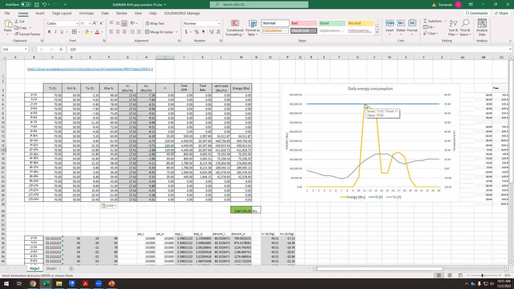But anyway, this is the highest value, and this is because I have two peaks. This happens at 11 a.m. because at 11, I have 220 people.